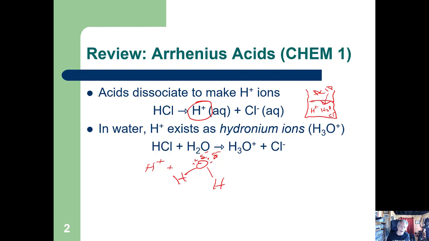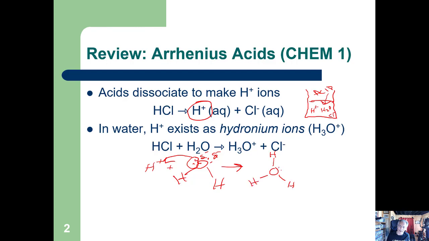This is a big positive charge, and so electrons, which are negative, love the positive charge of the proton in water. That's why we call acids proton donors. They donate a proton to water or to whatever solution you're putting the acid into. And in any case, what you wind up getting is what we call a hydronium ion.